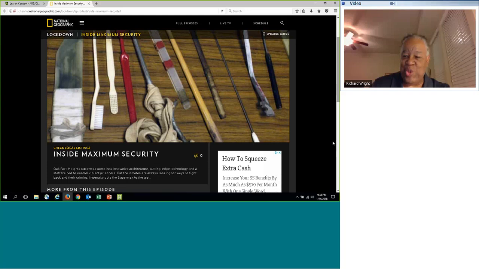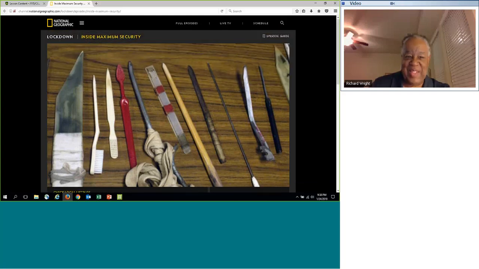Well, here's what you're looking at right here. In these maximum security facilities, these are weapons that are made by inmates. This is called a shank. What they do is they wrap something around some metal and make it into a knife. Look at what they do with the toothbrush.